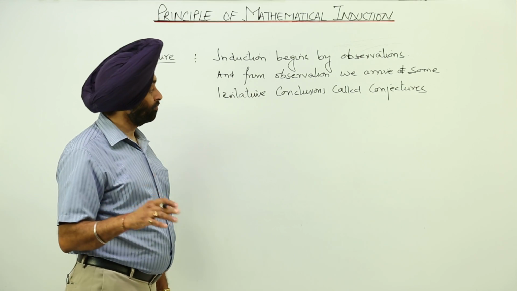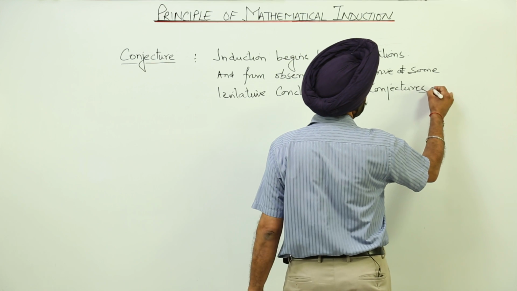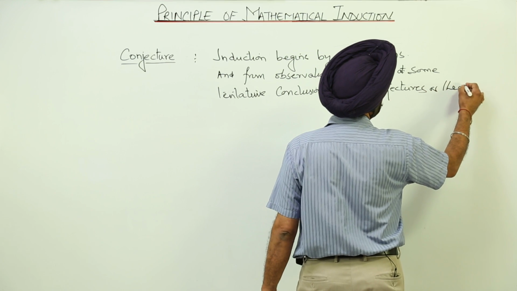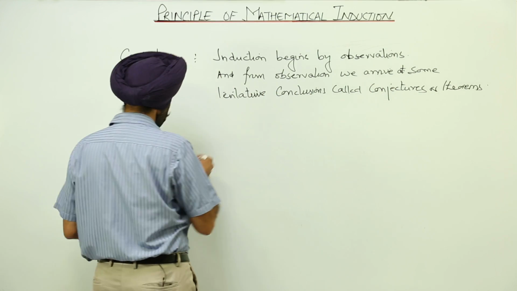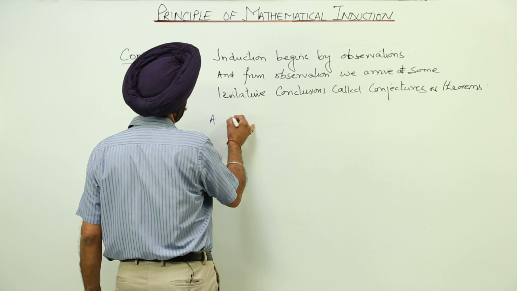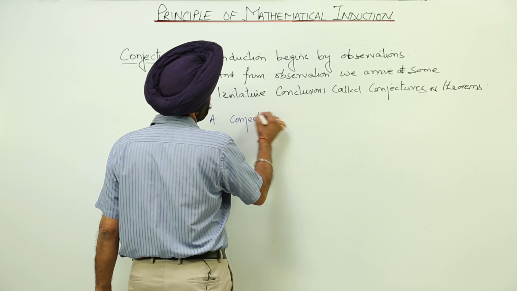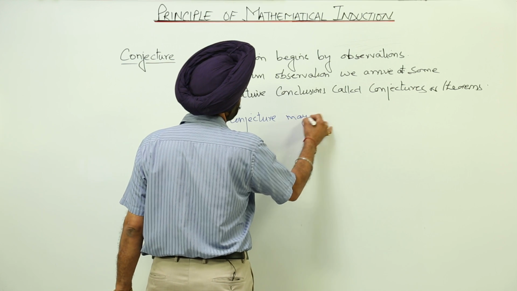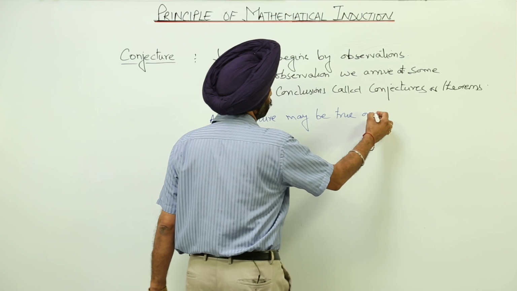These are called conjectures, or you can write them as theorems also. Now, a conjecture may be true or false.